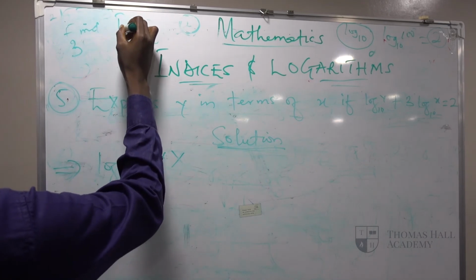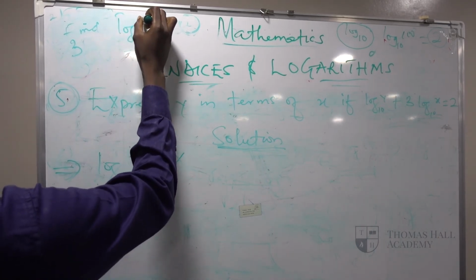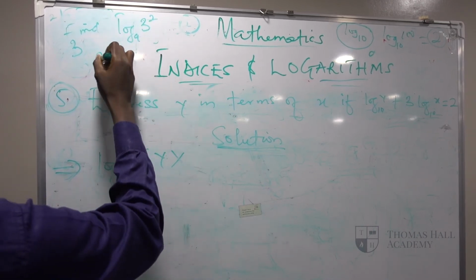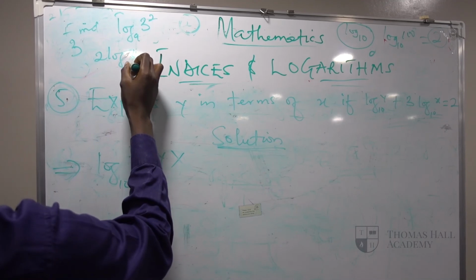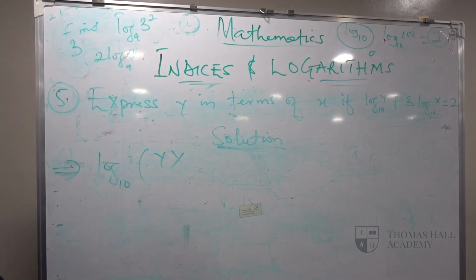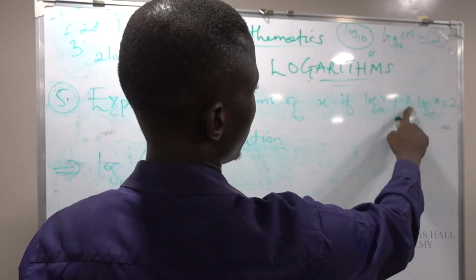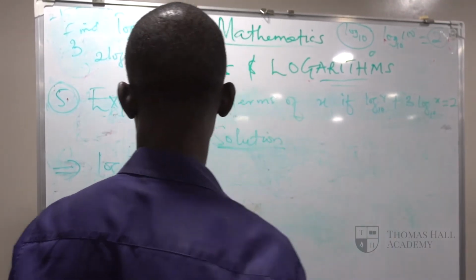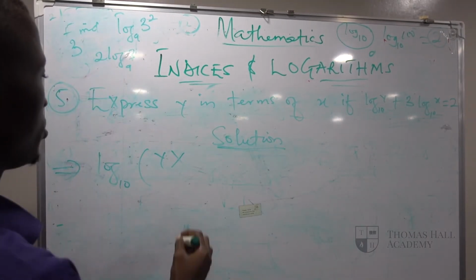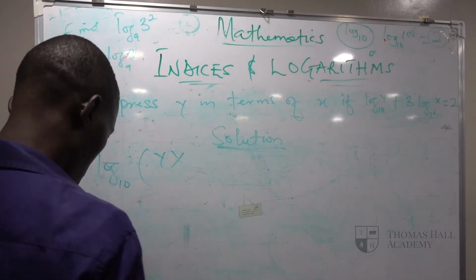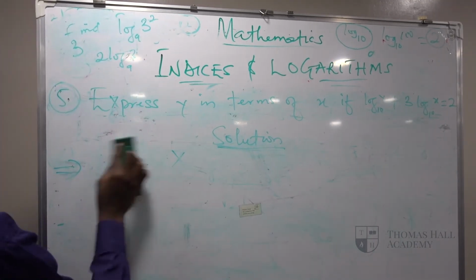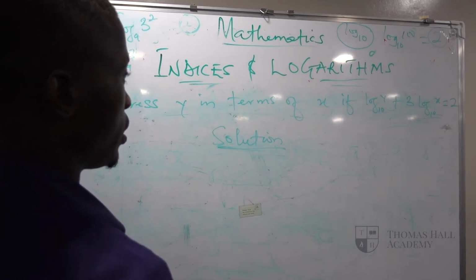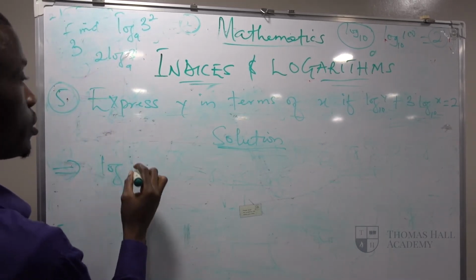Like I said earlier, if we have log base a of 3 raised to the power 2, this 2 comes here and becomes 2 log 3 base a. This power comes here. Okay, let's go back to that so we don't get confused. Let's take it step after step.